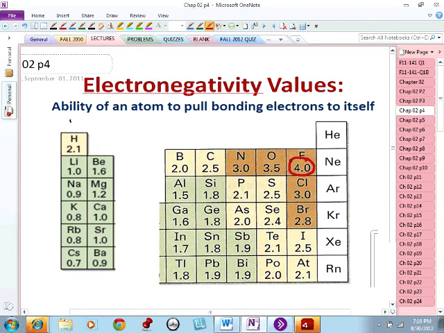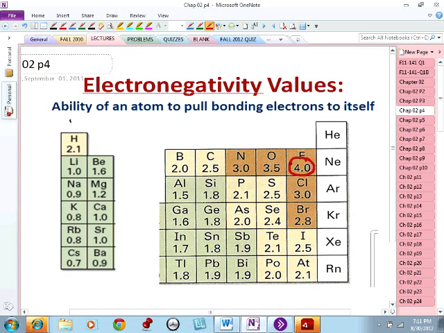About nitrogen? 3. About carbon? 2.5. Okay, very good. About chlorine? 3. About hydrogen? 2.1.